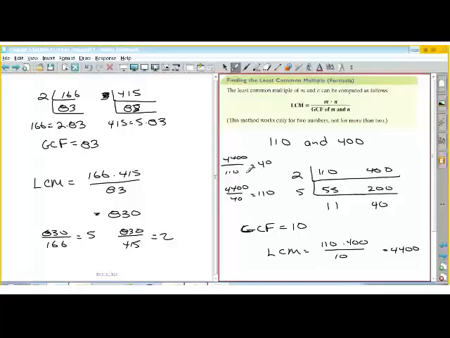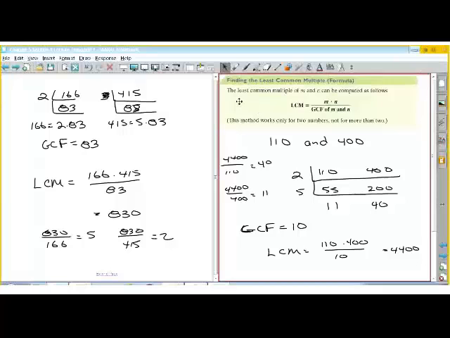Okay, I guess that makes sense. Am I doing the right thing here or not? Oh, by 400, that's what I should be doing. So you take the least common multiple and divide by each one of these separately, and you get which multiple it is. So this is the 11th multiple, and this is the 40th multiple. And so it works out.